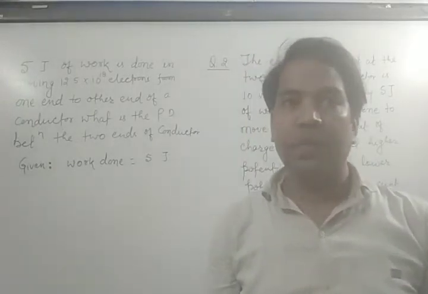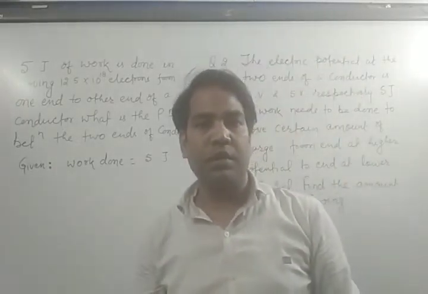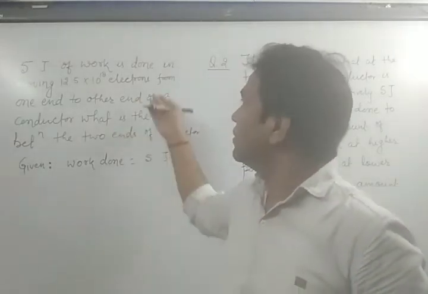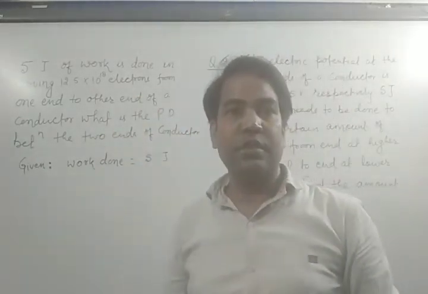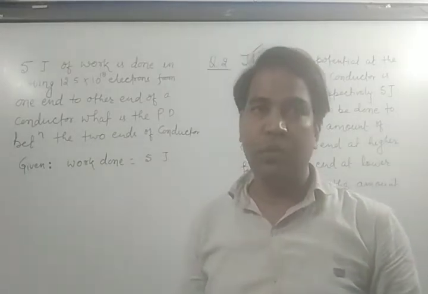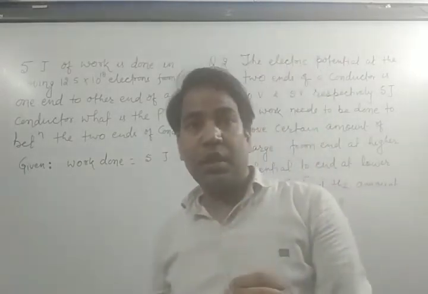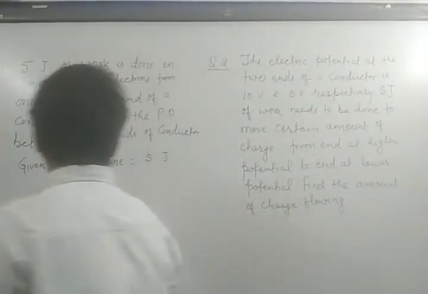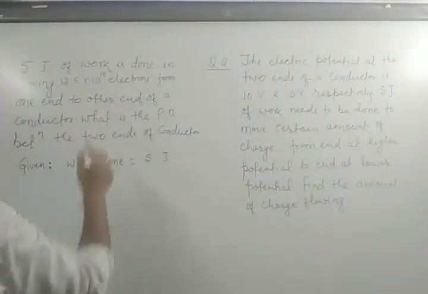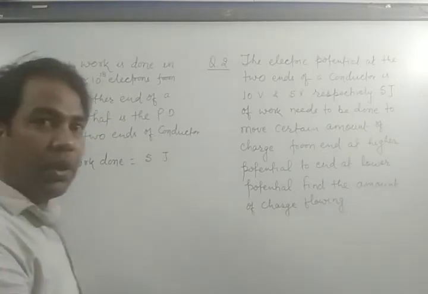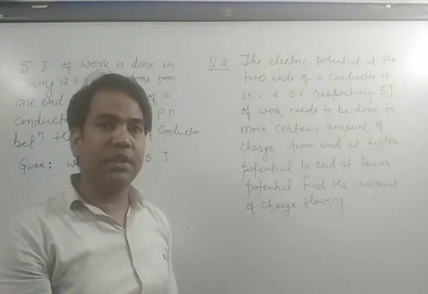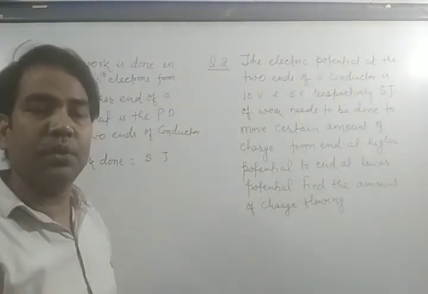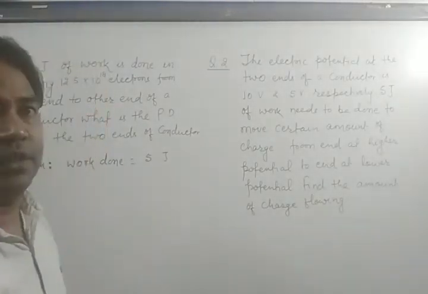No. The SI unit of charge is coulomb. Is there anything you can see which is in coulomb? No. It is not given directly, but it is given indirectly in the question. How many electrons are flowing? The number of electrons flowing in the circuit is 12.5 into 10 to the power 18.